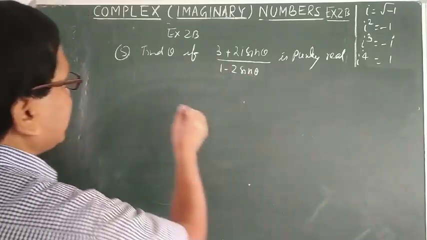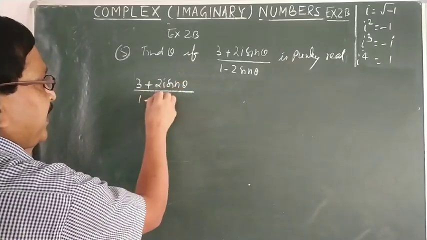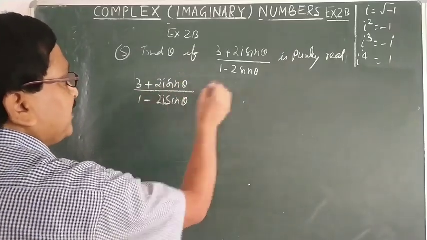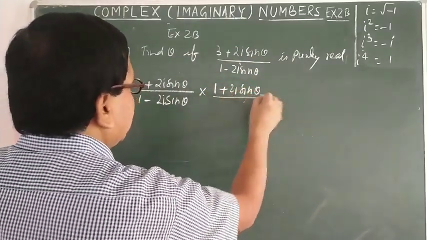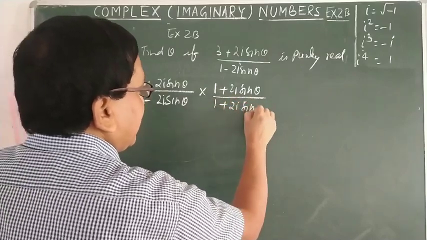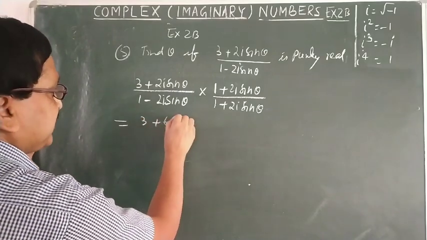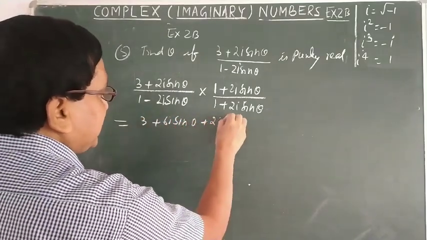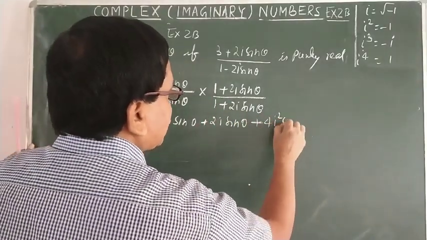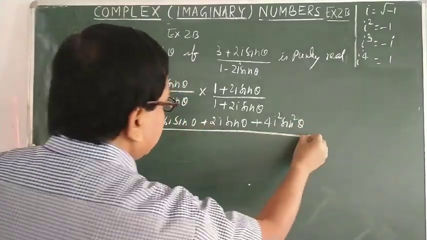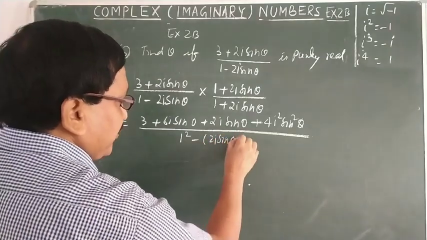So rationalization is compulsory. So (3 plus 2i sin theta) by (1 minus 2i sin theta). Again, i, so rationalize it: multiply by (1 plus 2i sin theta) by (1 plus 2i sin theta). Now multiply: 3 plus 6i sin theta plus 2i sin theta plus 4i square sin square theta, by a plus b into a minus b, a square minus b square, so 1 minus (2i sin theta) whole square.